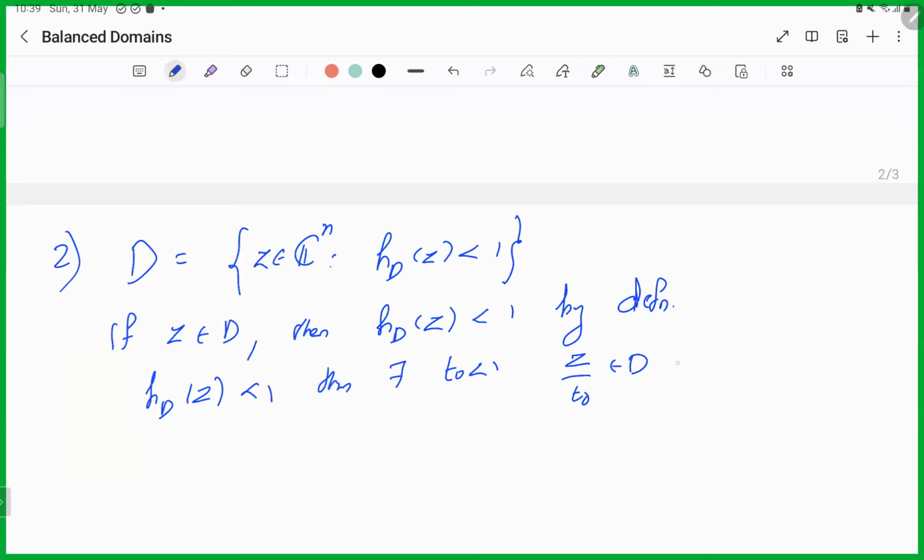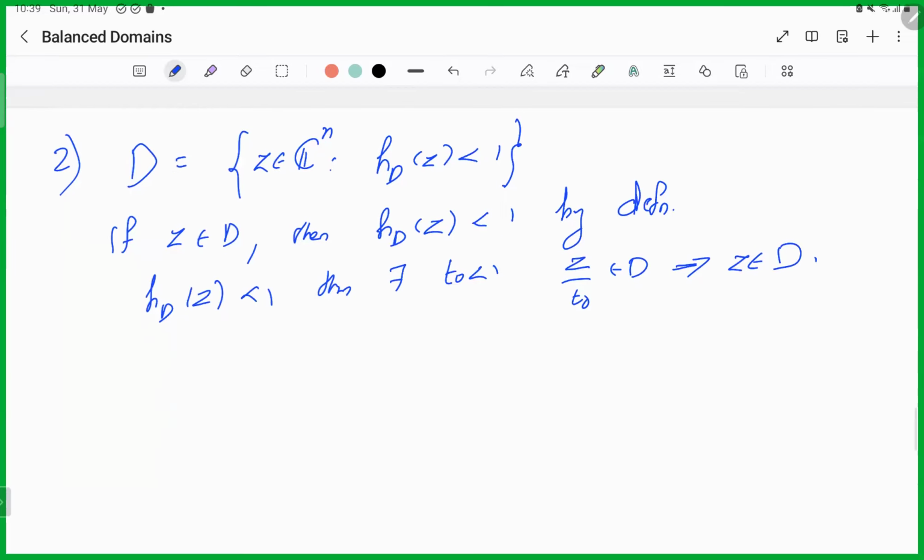Since D is balanced, multiplying by t naught, we get z belongs to D. So this is very simple. D is determined by the Minkowski function, that means D is equal to the set where H_D is less than 1.